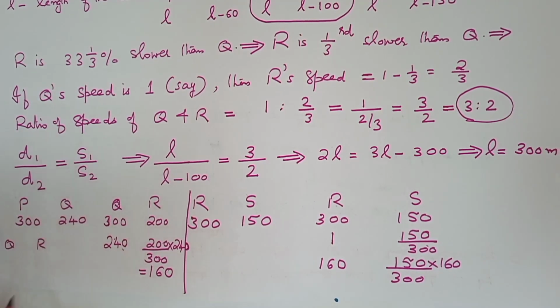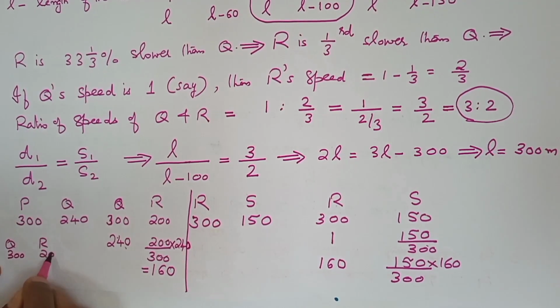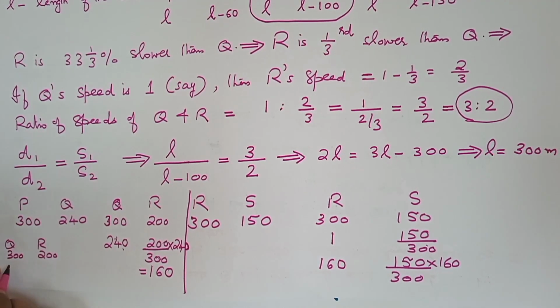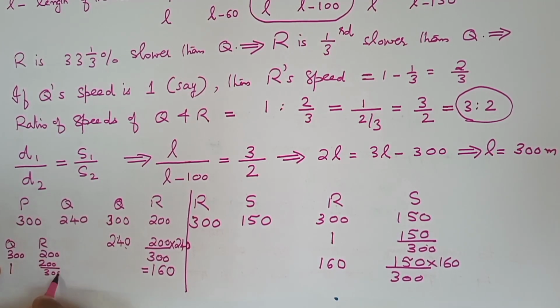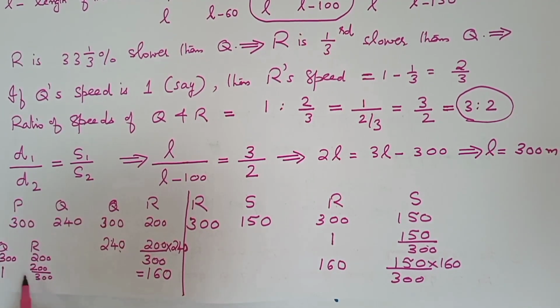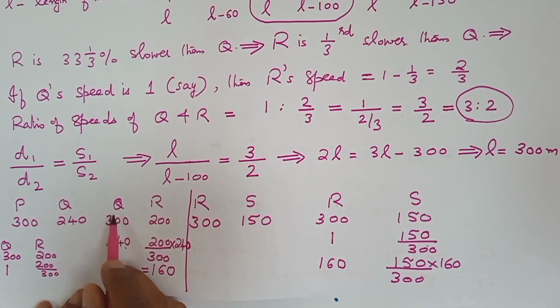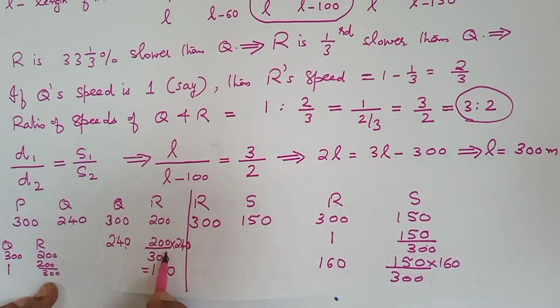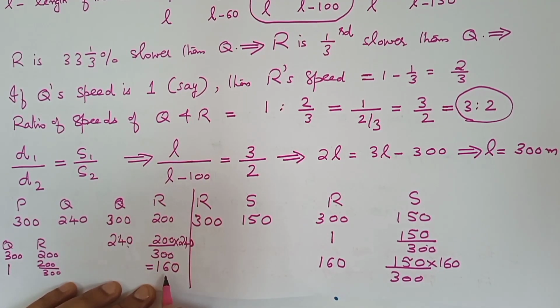Q and R, if you take, when Q covers 300, R covers 200, which means what? When Q covers 1, R will cover 200 by 300. If you know the distance R covers when Q covers 1, you can easily find out the distance R covers when Q covers 240. You just multiply this by 240. On simplification, you will get 160.